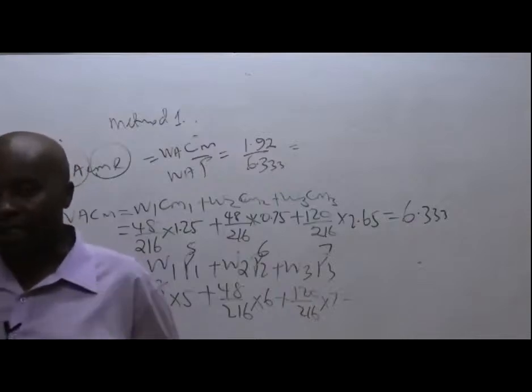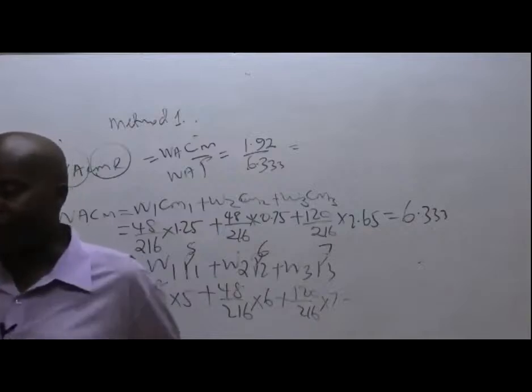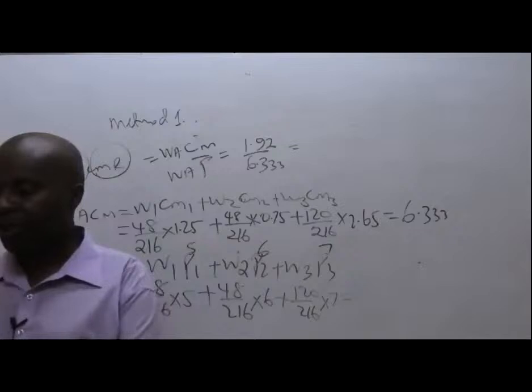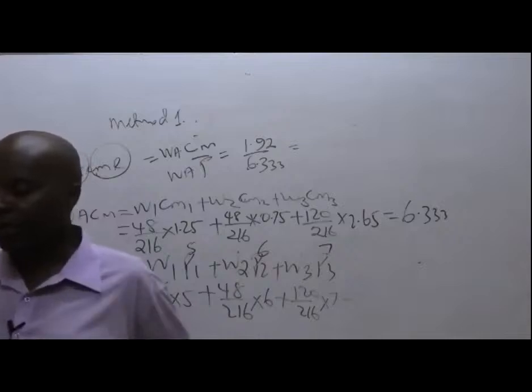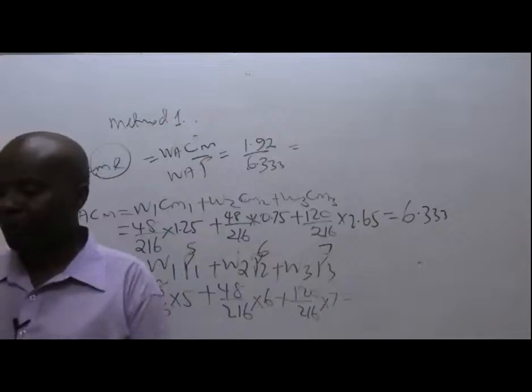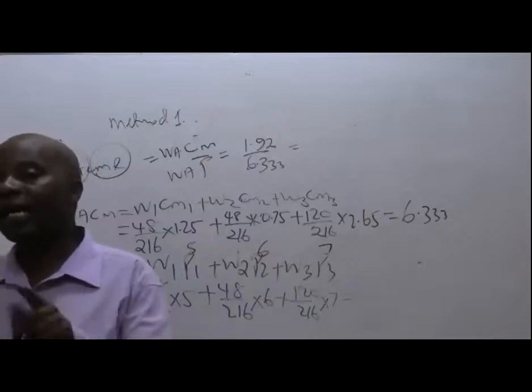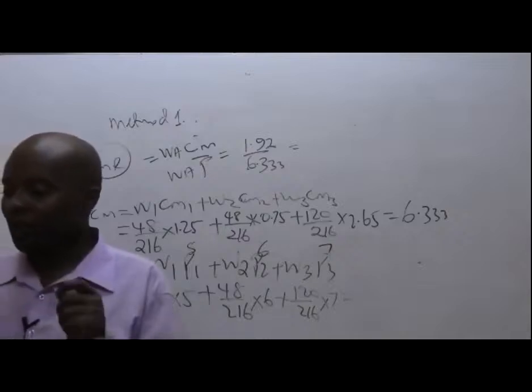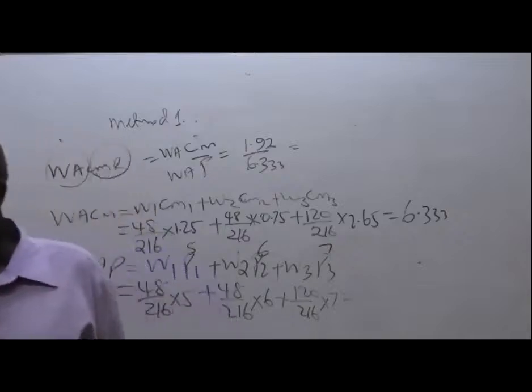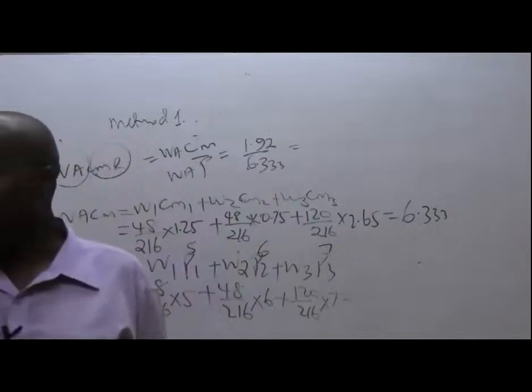But unfortunately, she is the only one who is able to give me a figure. So 0.303. Is this answer in agreement with the other answer that we got using the second method?